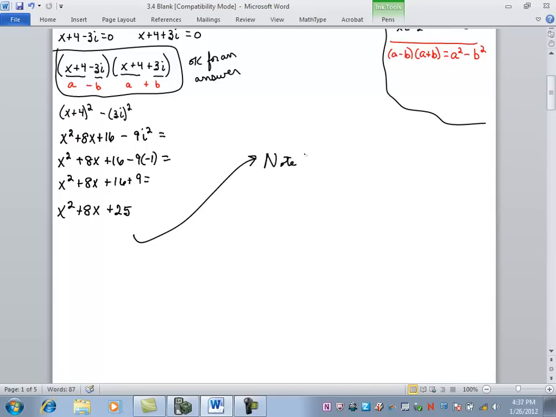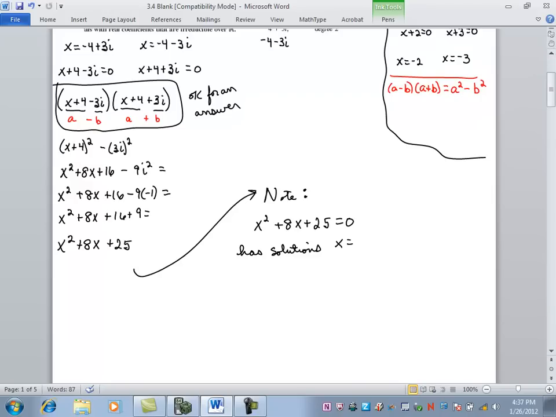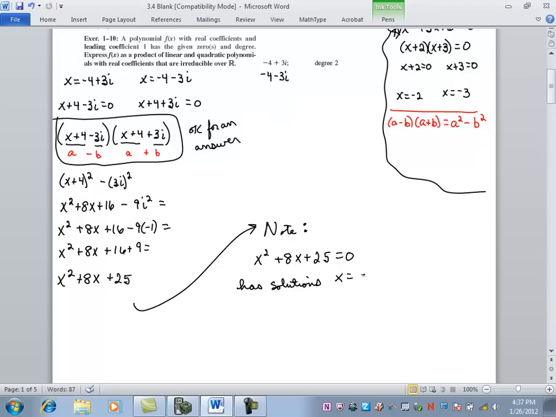Note: x squared plus 8x plus 25 equals 0 has solutions x equals -4 plus 3i, and x equals -4 minus 3i.